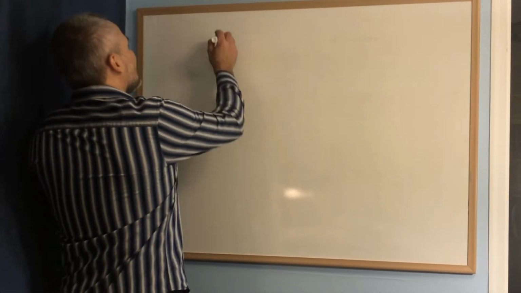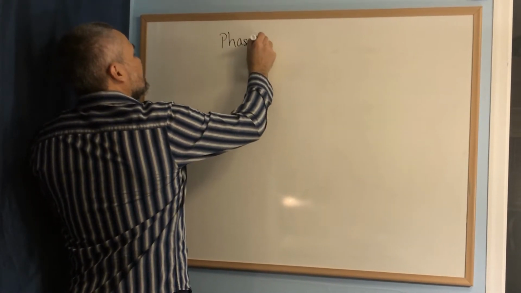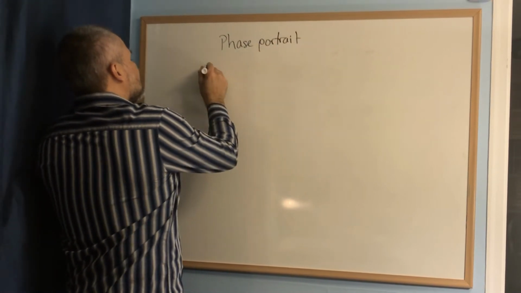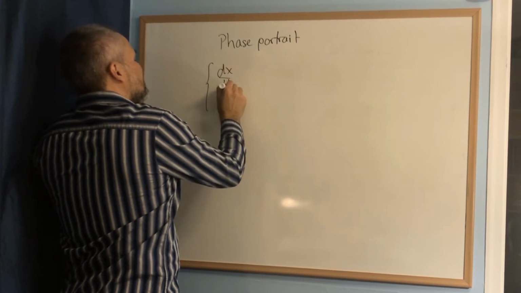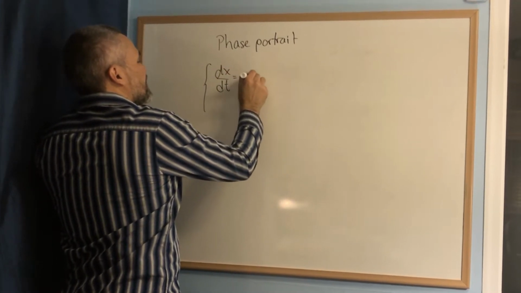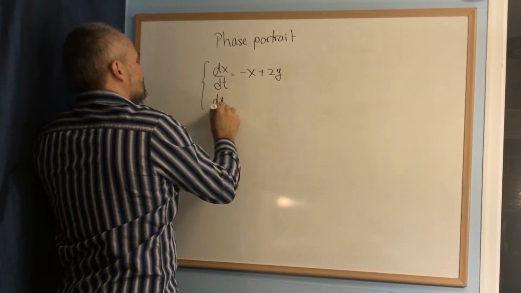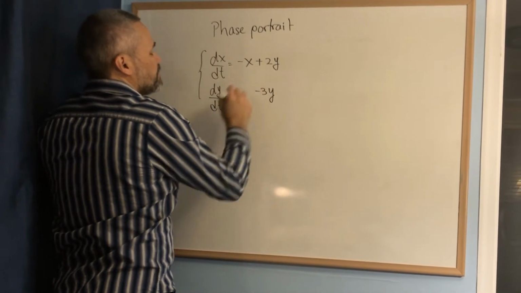Okay, let's see another example of a phase portrait. This time we're going to consider the system dx/dt = -x + 2y and dy/dt = -3y.